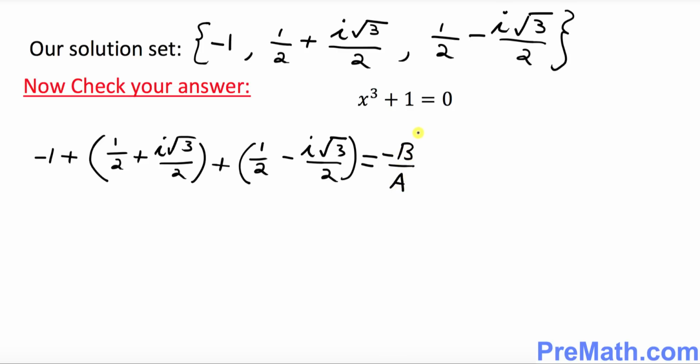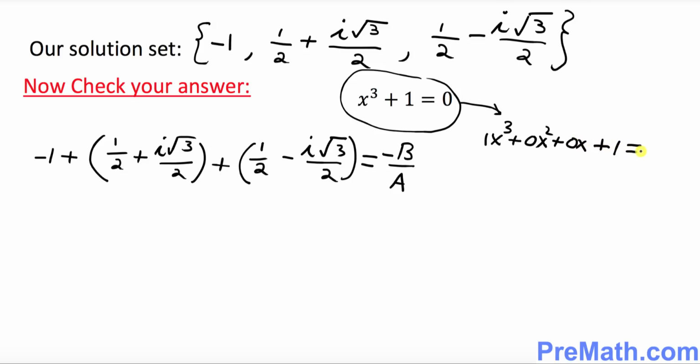Now you might be wondering what is a and what is b. Our original cubic equation was this one. I'm going to just rewrite it as 1x to the power 3, there are a few missing terms, plus 0x squared plus 0x plus 1 equal to 0. So you have to be careful.